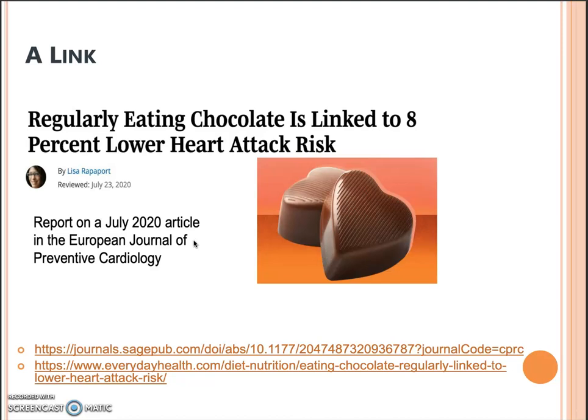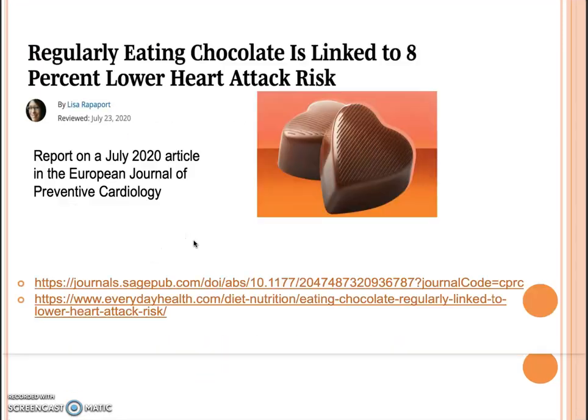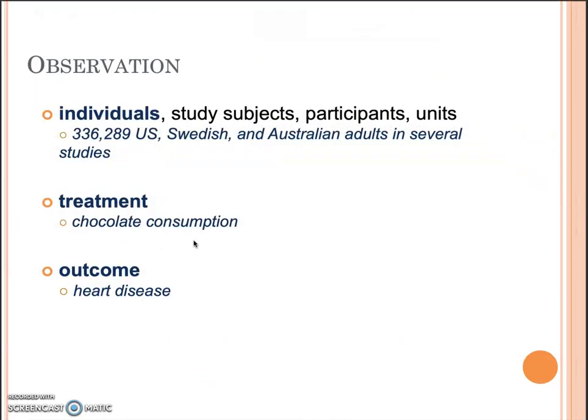So from this observational study, what are the individuals? What are the treatment and the outcome? Like we said earlier, the individual is our study subject. In this case, we have more than 300,000 adults from 3 different countries, US, Swedish, and Australian adults in several different studies.